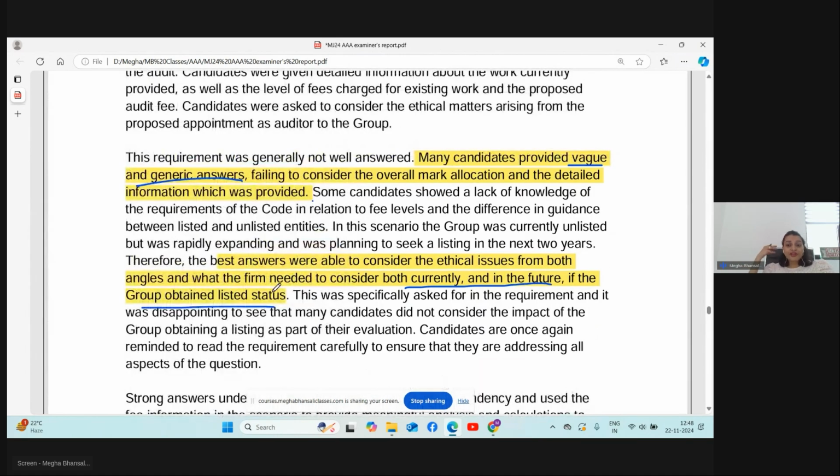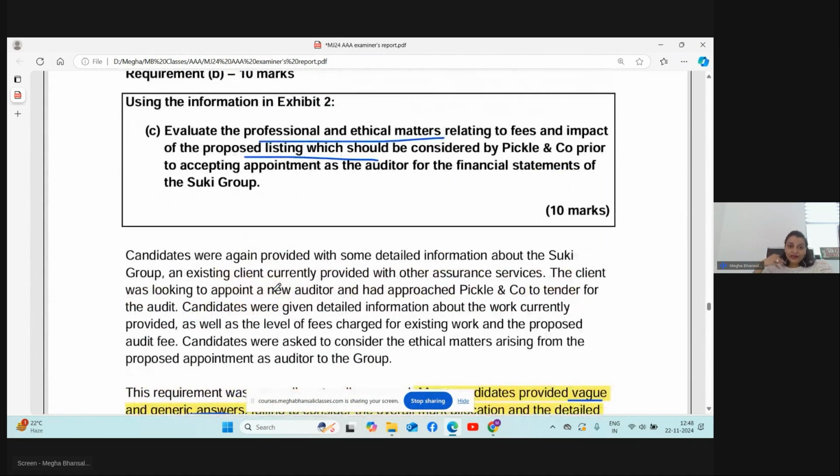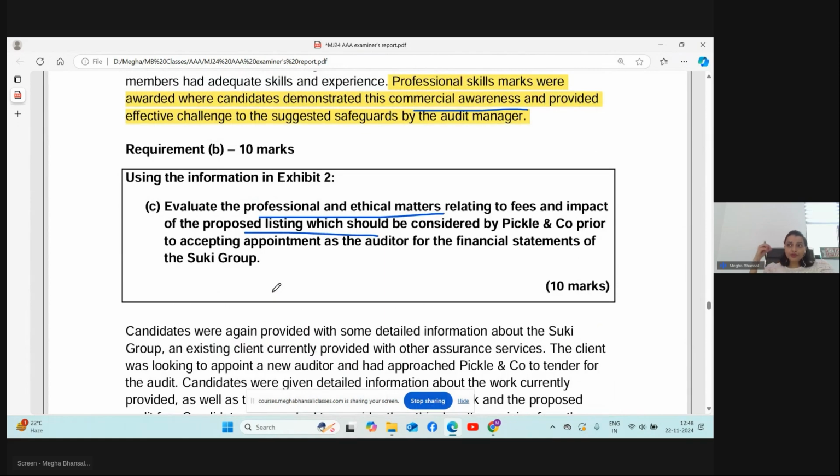So you have to think very practically, guys. If I am a partner and I have to take up this assignment, then I will definitely see if I will be able to continue in future. Because what will happen is I will put a lot of time, energy, and resources into the current year's audit. Then next year I will not be able to do it. So this time is wasted because the knowledge gained is of no use.